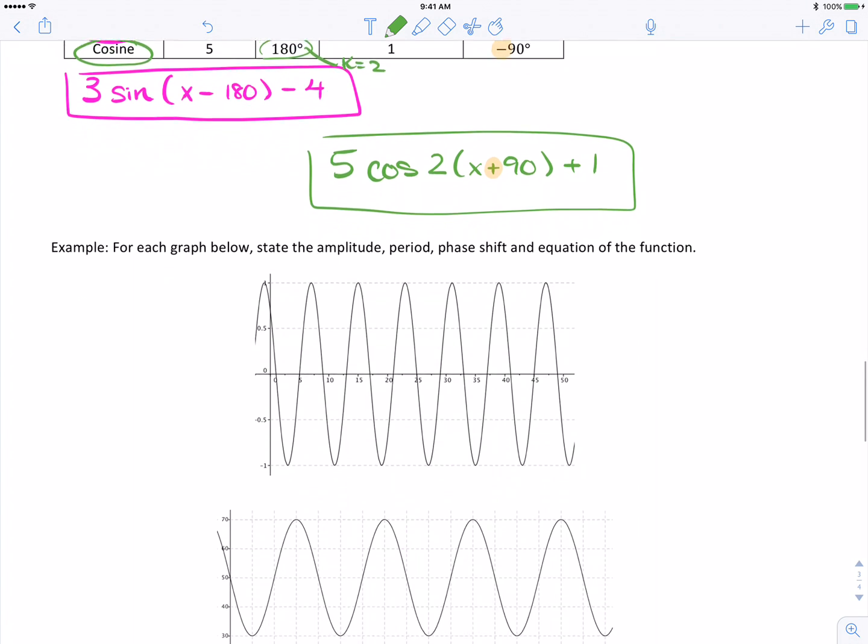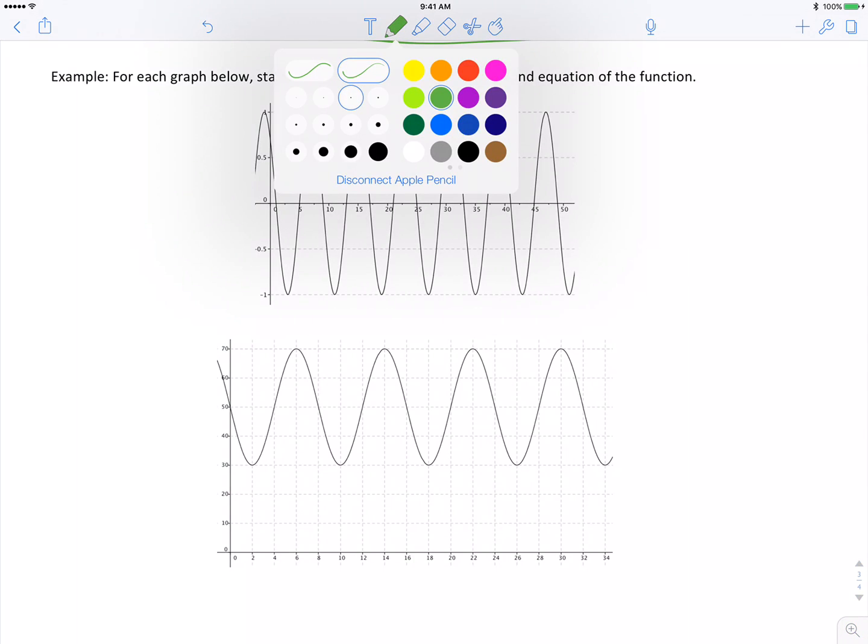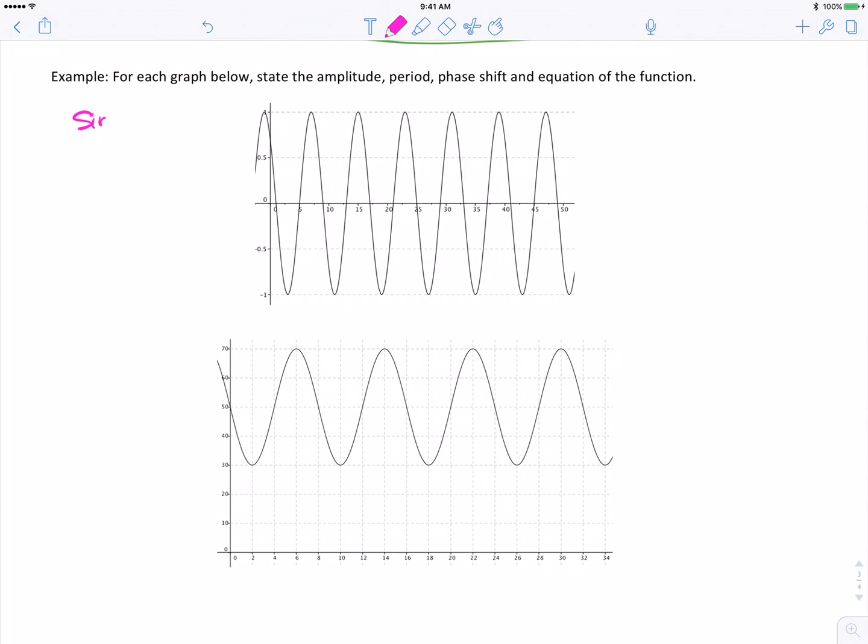Last part would be looking at these images and creating a function to match it, sine or cosine. I'm going to do both just for practice. So let's start over here with sine graphs. Because you get to choose the equation, I get to say where I think the graph starts. Now, sine graphs, remember, start in the middle.